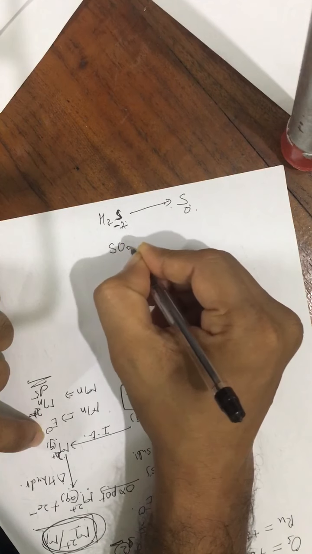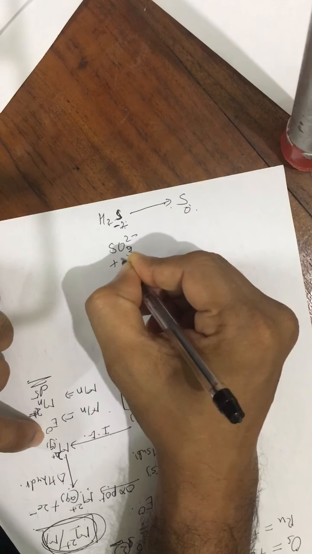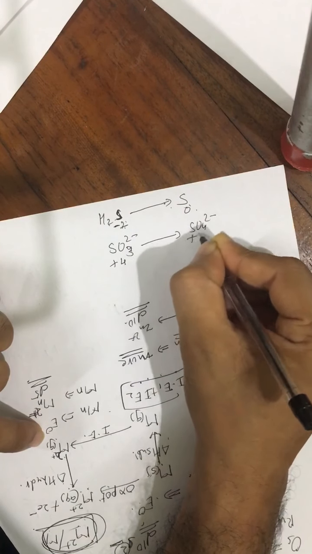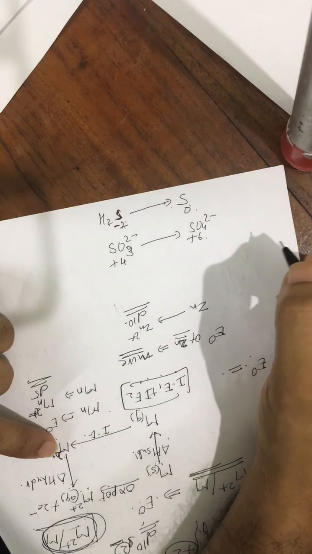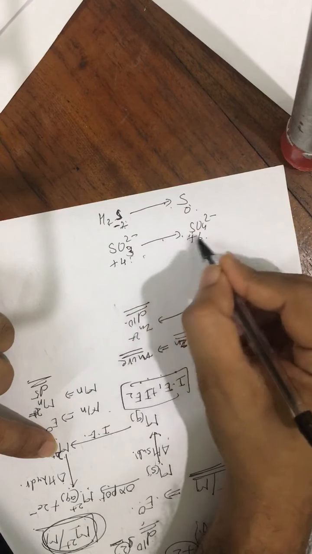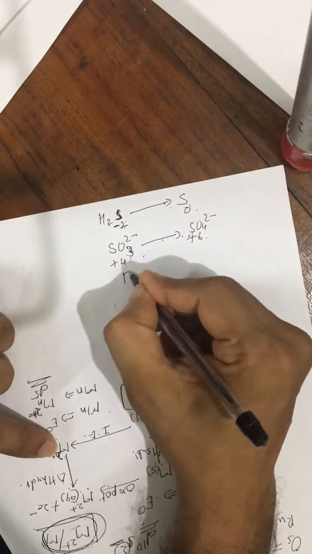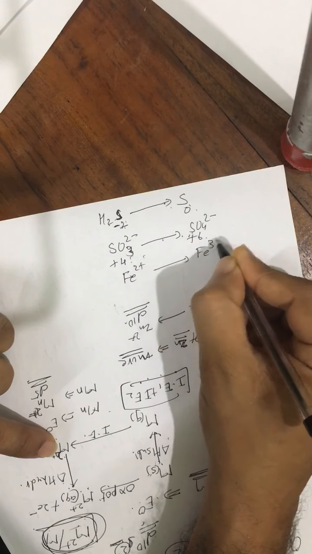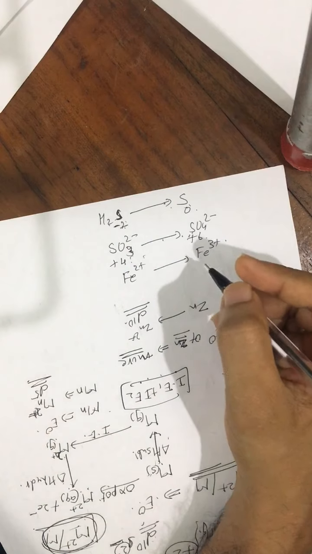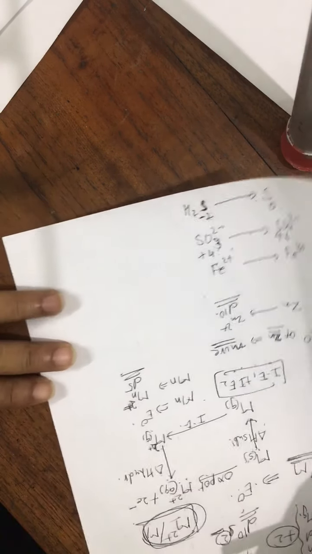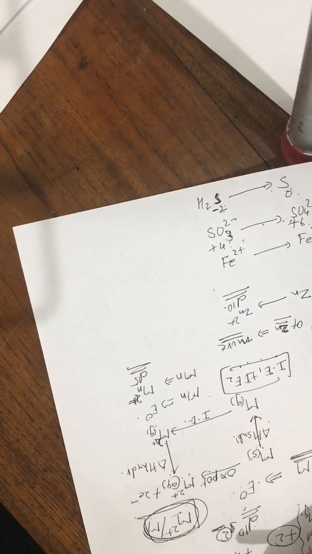Or if you have SO3 2-, where the oxidation state is +4, it is oxidized to SO4 2-, where the oxidation state is +6. Whether you use KMnO4 or K2Cr2O7, you will find the same result. And if you have Fe2+, Fe2+ is oxidized to Fe3+. So these are the oxidizing actions of KMnO4 and K2Cr2O7.